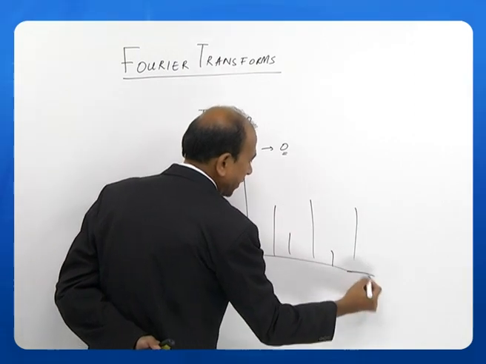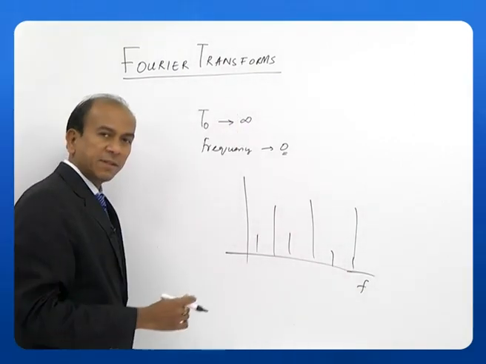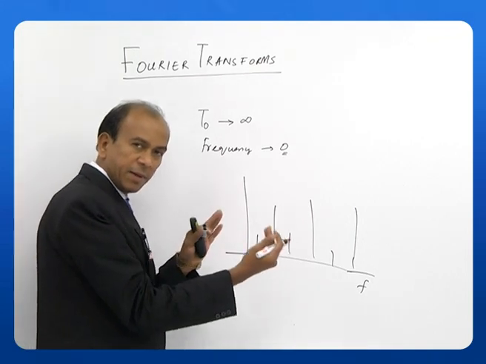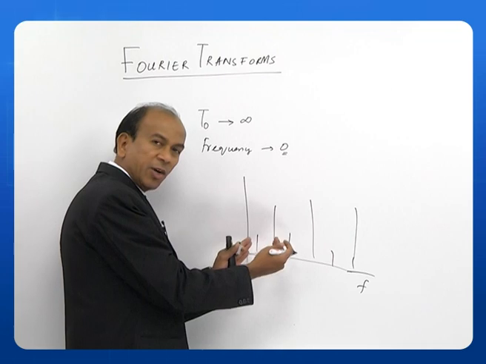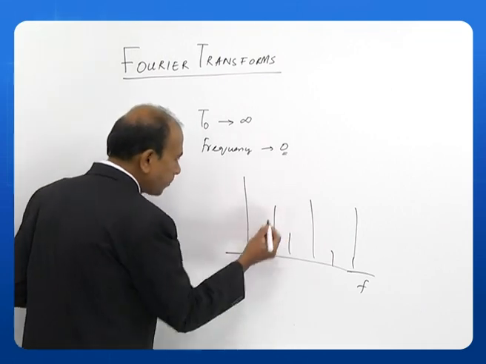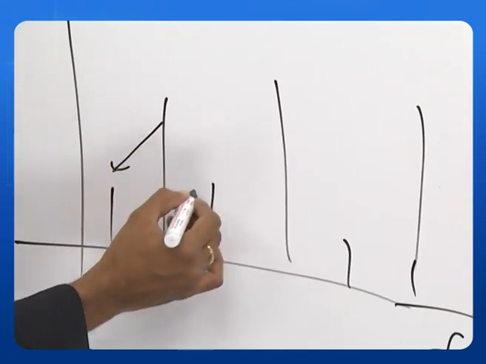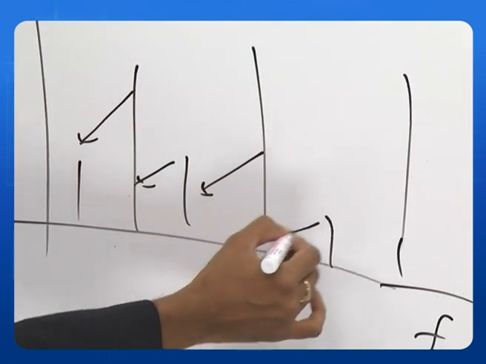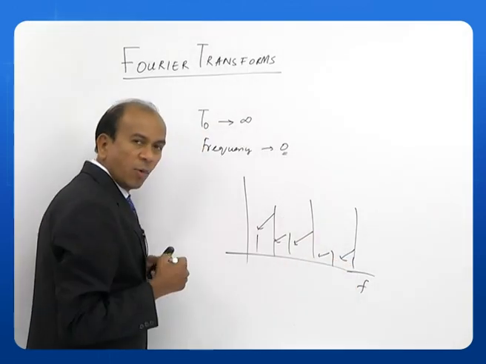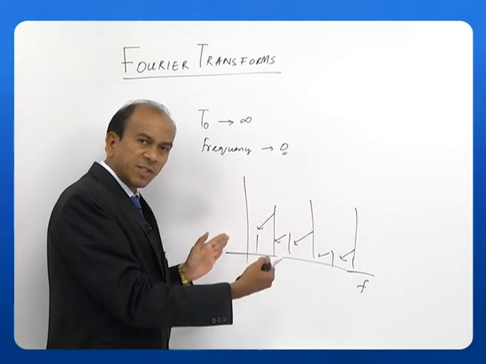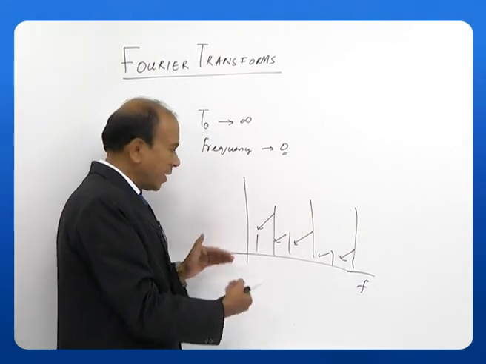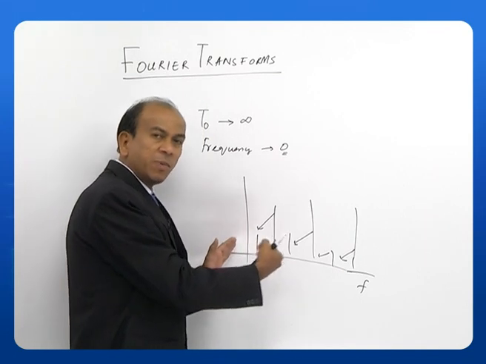This is a frequency spectrum. Now, as the frequency becomes smaller and smaller, they tend to move nearer to each other. Now this one will move here, this will move here, and this will move here. So, the spectral components are coming closer to each other, and now the spectrum appears to be continuous.